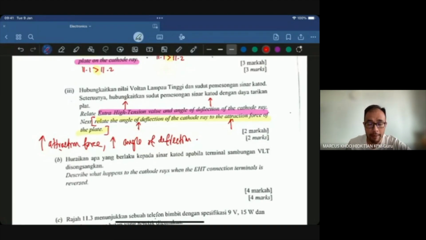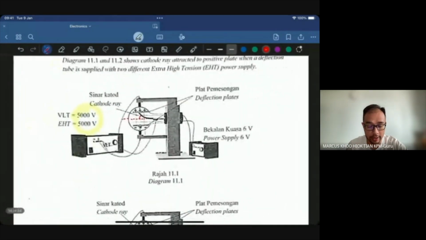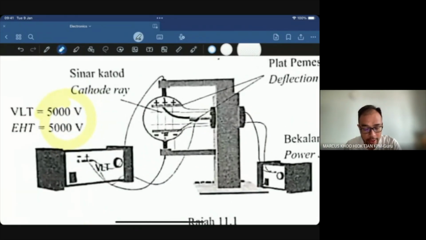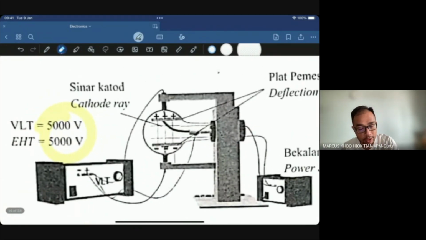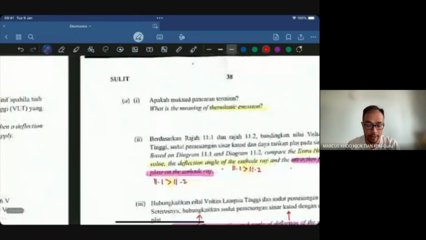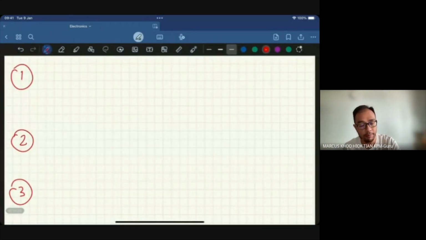Describe what happens to the cathode rays when the EHT terminals are reversed. In this particular case, let's just take the top one over here. The top plate is positive, the bottom plate is negative. So the first thing that happens is that the bottom plate becomes positive.